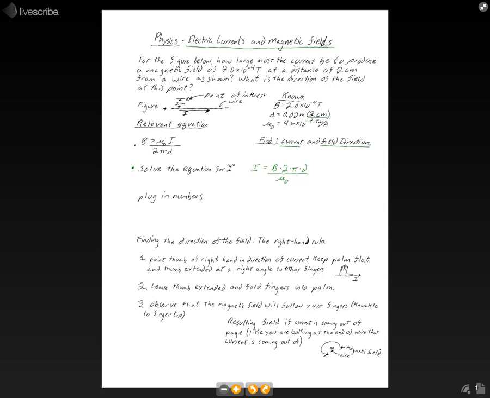Then we can plug in numbers and solve for I. So I is equal to B, which is 2.0 times 10 to the negative 4th Teslas, times 2 times pi times 0.02 meters, and then we divide that all by mu naught, which is our standard 4 pi times 10 to the negative 7th Tesla meters per ampere.